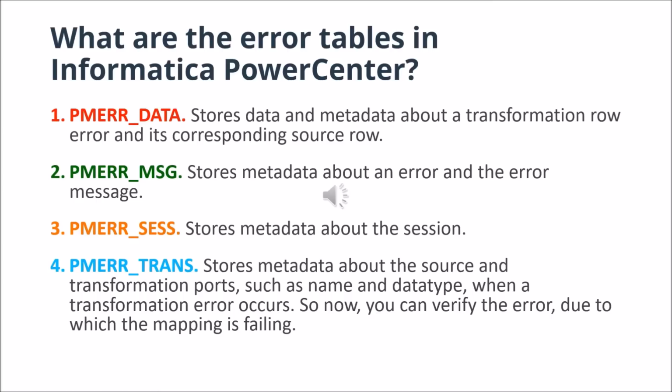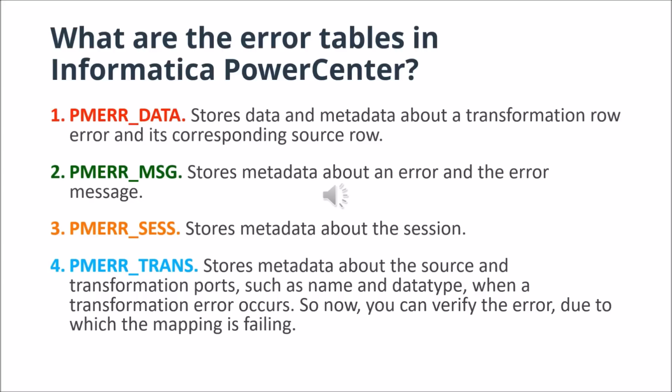And the fourth one is PM_ERR_TRANS. Trans means transformation. The name itself indicates it's going to store the transformation errors. It stores the metadata about the source and transformation ports, such as name and datatype. And if any error occurs, that error is also logged. So if the mapping failed due to some transformation error, you can check it here.